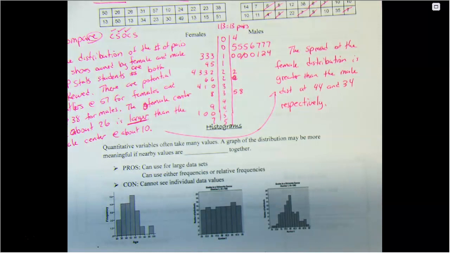Okay, so we took care of that. We took some data, we made a picture of it, we described it, which is the process that we have to go through. All right, so we'll just leave that as a stem plot video and cut it off.